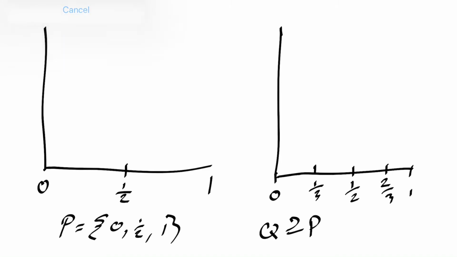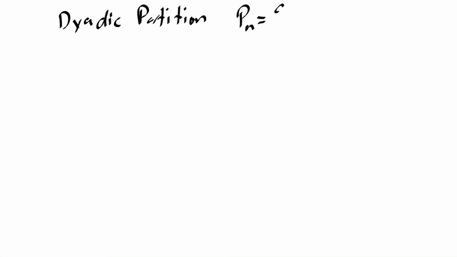It turns out that there's one refinement that tends to be one of the most commonly used examples, and this is called the dyadic partition. The dyadic partition is just the partition that's the set j divided by 2 to the n. So let's think about what the dyadic partition would be.